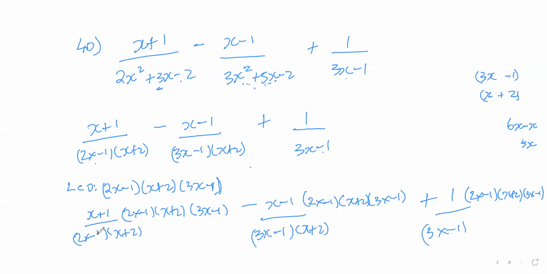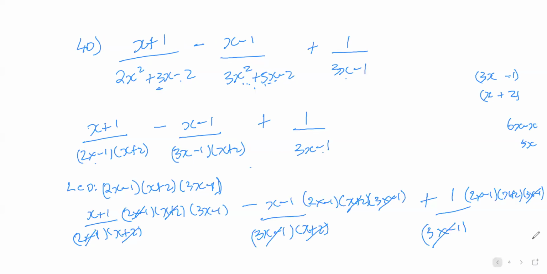Then I cancel out, eliminating these denominators. 2x − 1 goes with 2x − 1, x + 2 goes with x + 2, 3x − 1 goes with 3x − 1, and so on. From the first term, I'm left with (x + 1)(3x − 1). From the second term, I'm left with minus (x − 1)(2x − 1).